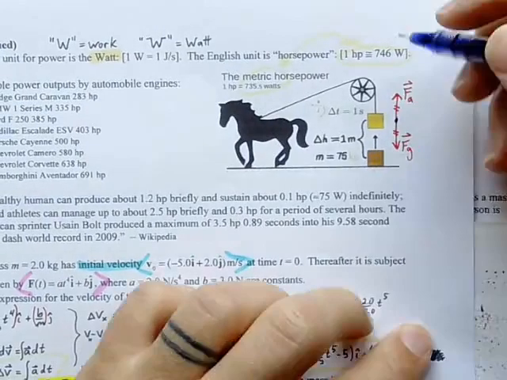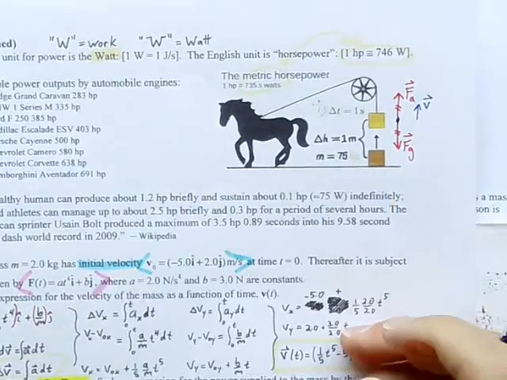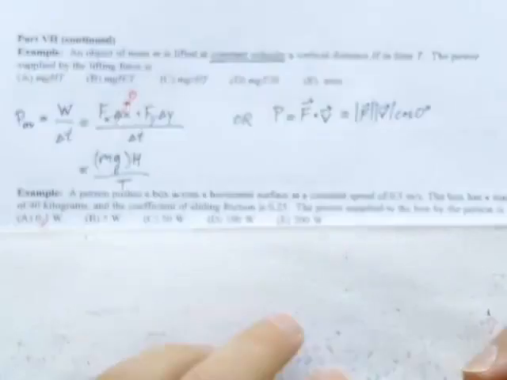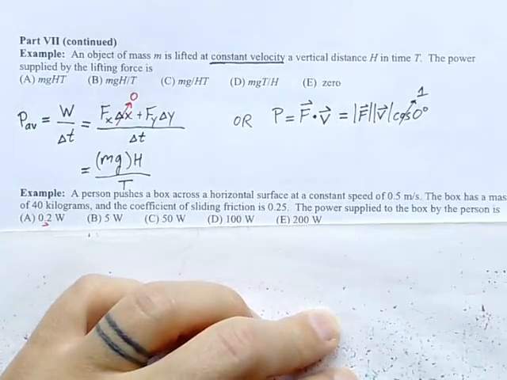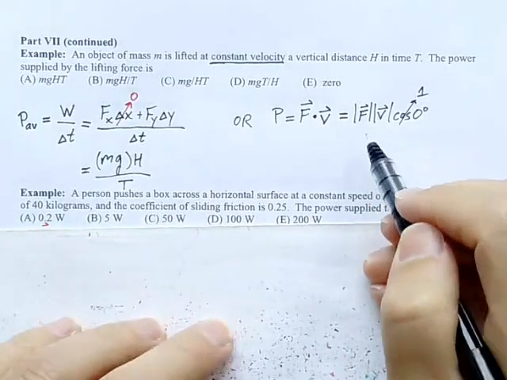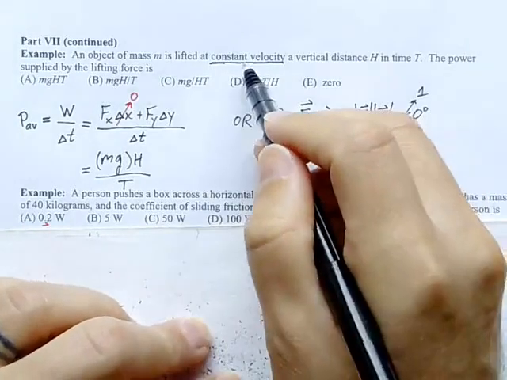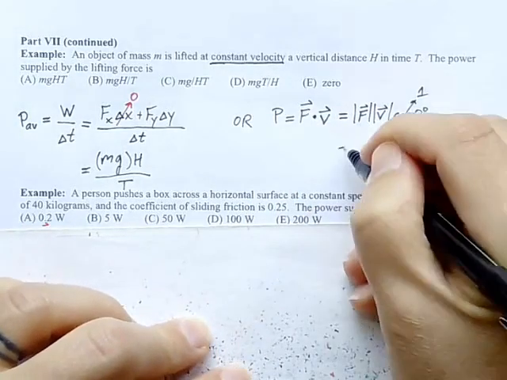Our applied force is up and the velocity vector is up, so the angle between them is 0. So cosine of 0 is just 1. So we have the instantaneous force times the instantaneous velocity. But again, our force is constant, so the instantaneous force is the value the whole time, which I've already argued is mg.